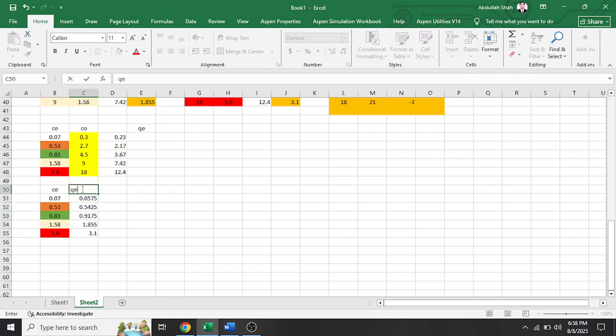This is QE. So CE divided by QE is equal to CE divided by QE. You will get this one.